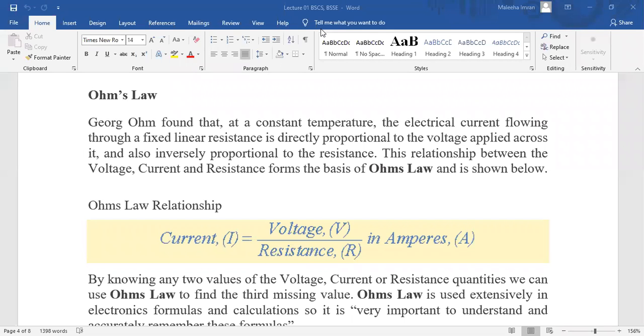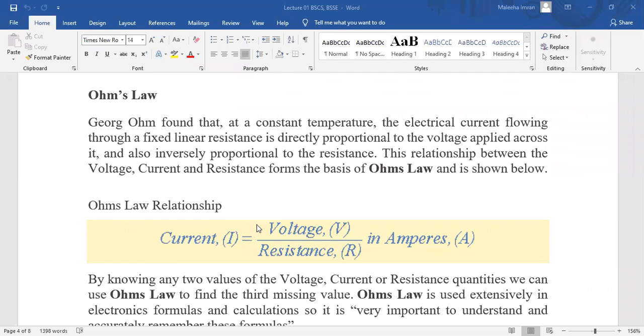From this expression, we see that if we know any two quantities, we can find the other. Here in this expression, there are three variables, or quantities, or parameters: current, voltage, and resistance.